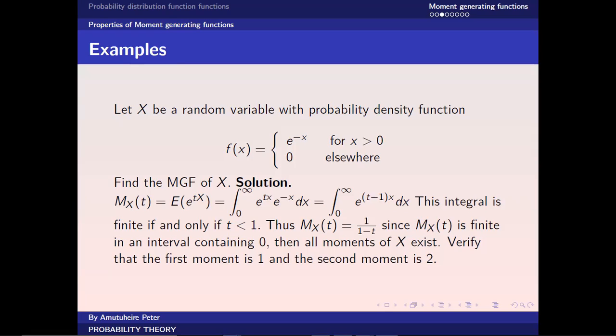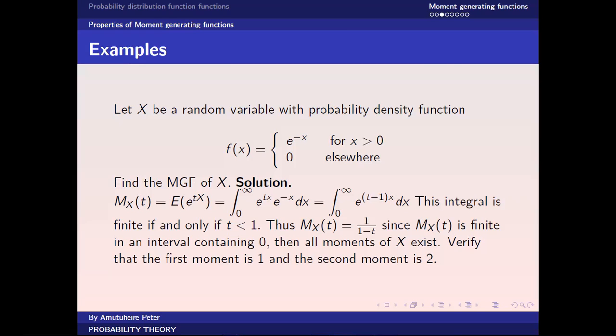No, it will be 1 over 1 minus t, to the power -1. So differentiate, you get, oh, there is a derivative inside. You multiply by the derivative inside. Yes. Okay.